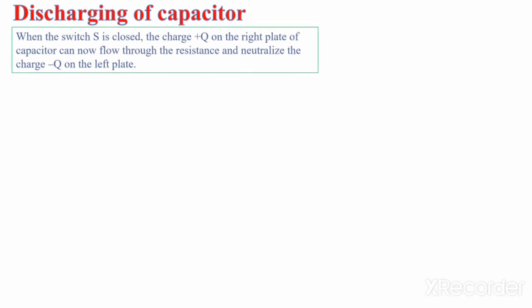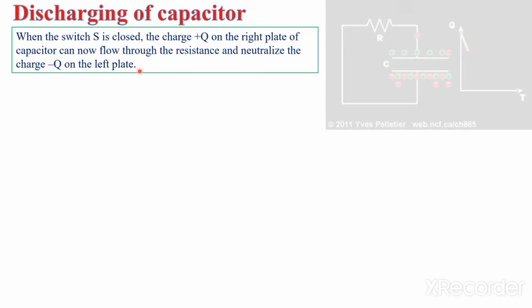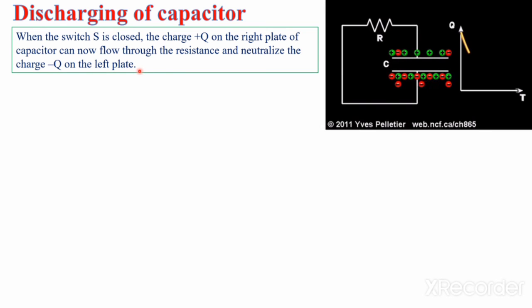Discharging of a capacitor. When the switch S is closed, the charge plus Q on the right plate of the capacitor can now flow through the resistance and neutralize the charge minus Q on the left plate. In this figure, the battery is disconnected and a resistor is connected with the capacitor.